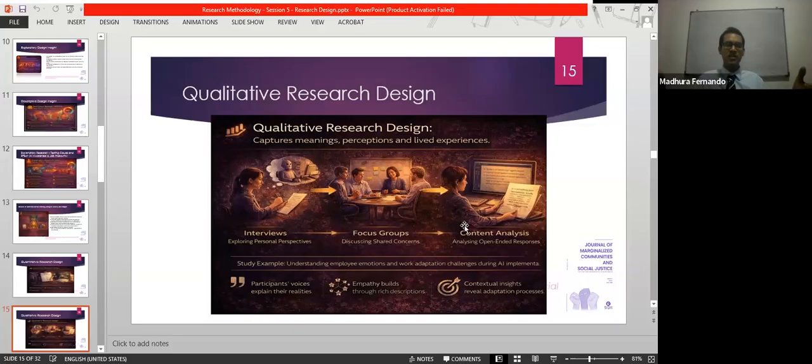Then only you will be able to get at least a small, scientific definition for consciousness. You have to take an interpretivist approach to address what is consciousness. So there are such phenomena in society that you cannot explain using quantitative research design. For those, you need to employ qualitative research design, right?